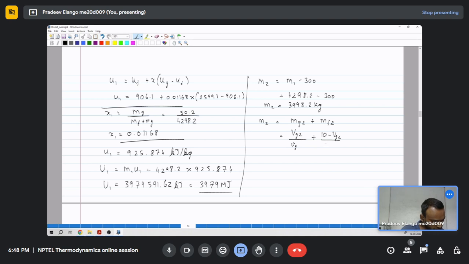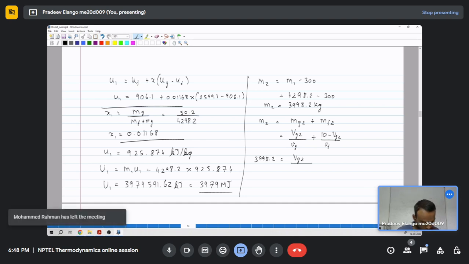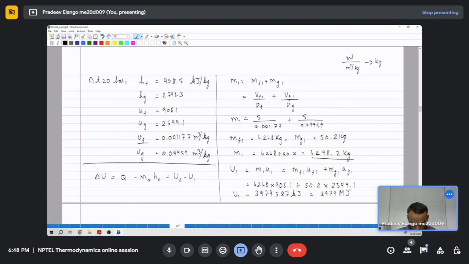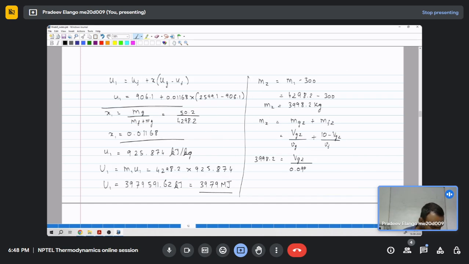You can write like this. Now this is Vf and this is 3998.2. Vg2 is unknown. Vg is known, that is 0.09959, plus 10 minus Vg2 divided by 0.001177. If you solve, we will get Vg2.